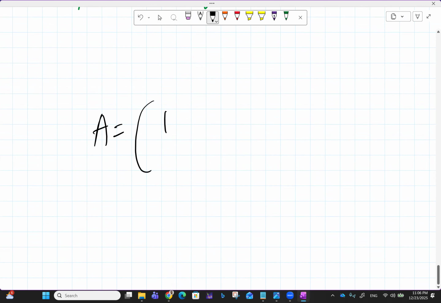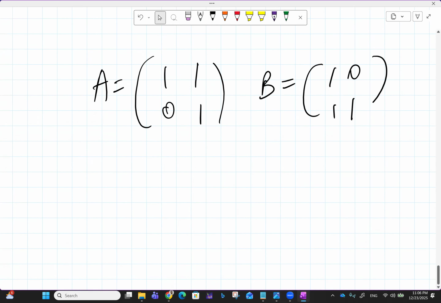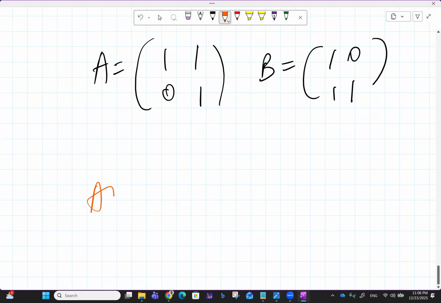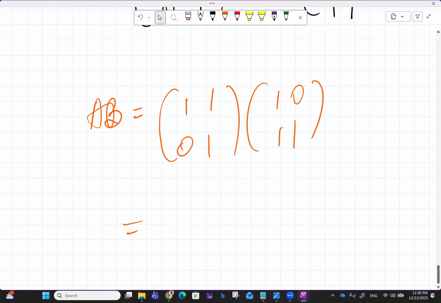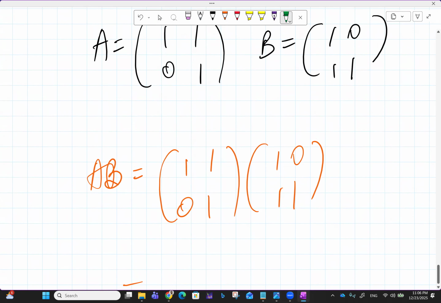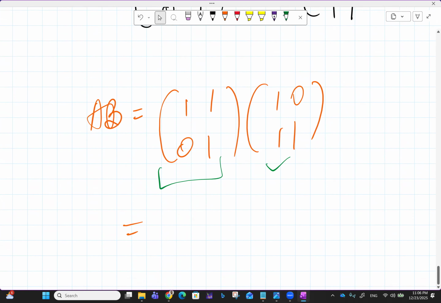So you have matrix A = [[1,1],[0,1]] and matrix B = [[1,0],[1,1]]. AB means you're multiplying A by B. The easy way to do this is to forget about this part first and focus on this. Look at how many rows you have. That's 2 rows, so you write this one twice: 1 1 1 1.